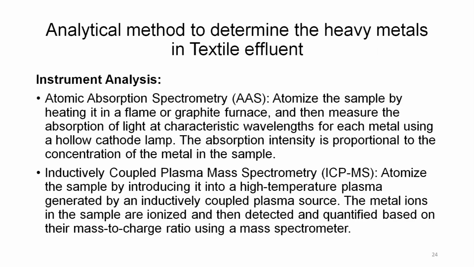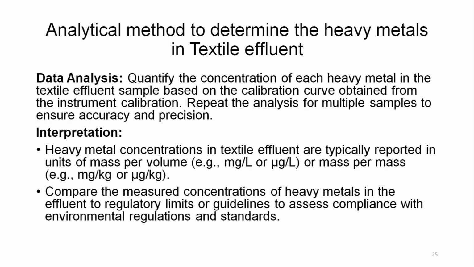Inductively coupled plasma mass spectrometry, ICP-MS: atomize the sample by introducing it into high temperature plasma generated by an inductively coupled plasma source. The metal ions in the sample are ionized and then detected and quantified based on their mass to charge ratio using a mass spectrometer. Data analysis.